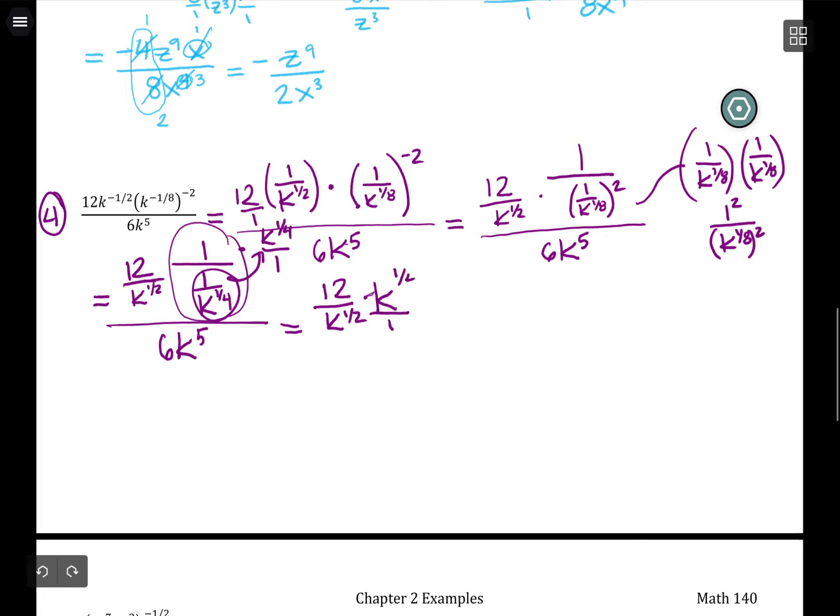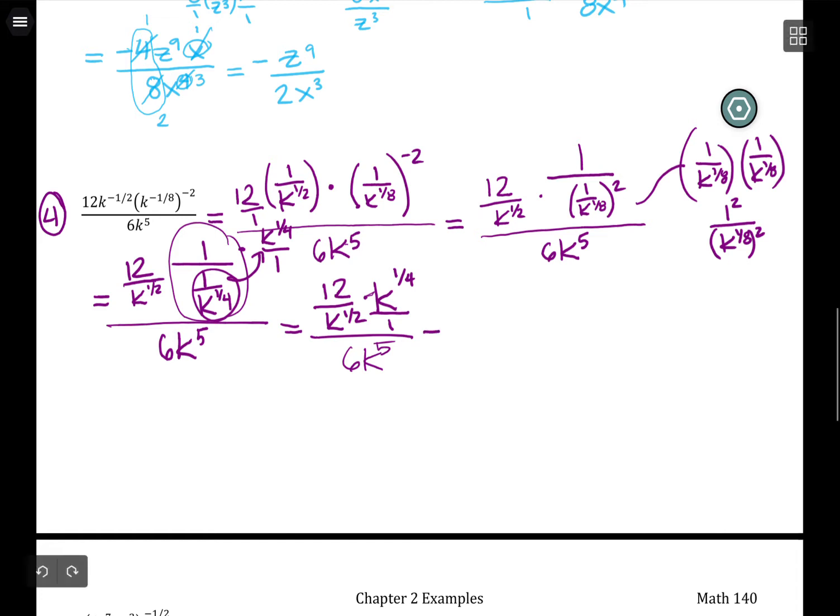I'm going to go ahead and write that over 1 since we're multiplying fractions. This is a 4. And I still have the 6k to the 5th in the bottom. So I'm just going to point out that if we take the reciprocal of k to the 1/4 and then take the reciprocal of that and get back to k to the 1/4, that means reciprocal is its own inverse operation. If we reciprocal twice, we get back where we started.